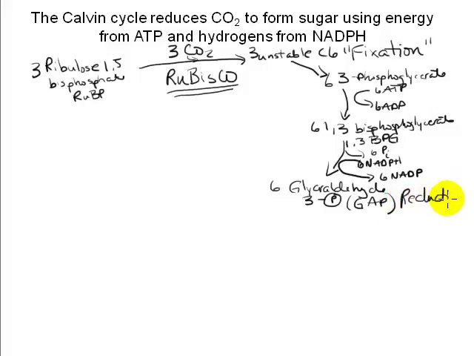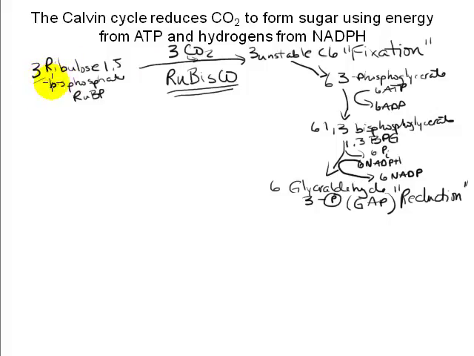Okay, so let's keep track of our carbons here and see where we are. To produce a 3-carbon sugar, we have to feed in 3 carbon equivalents, or 3 carbon dioxide molecules, each of which gets attached individually, one at a time, to a RuBP molecule.